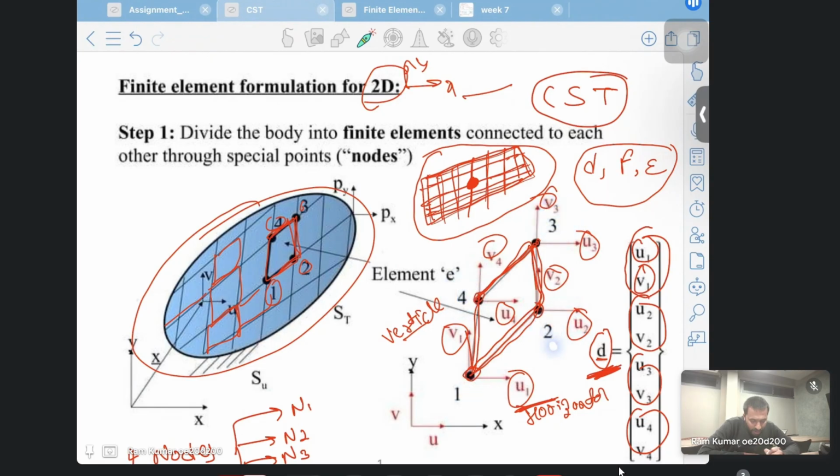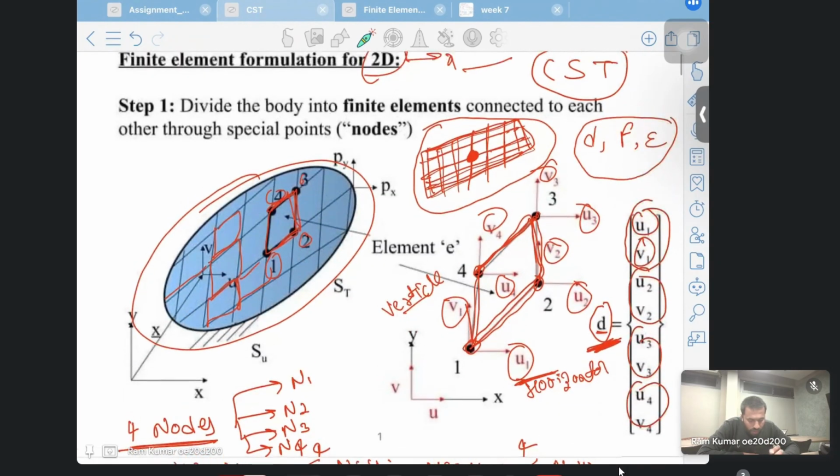Each node has 2 degrees of freedom: u1 in the x direction, v1 in the y direction, because this is a 2D element and it will move in the x and y directions. So u1, v1 for node 1, similarly for node 2, u2, v2, for node 3, u3, v3, and similarly for node 4, u4, v4. So this is one element. I write here element E. E means element.